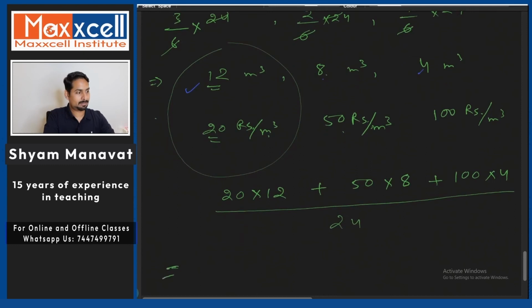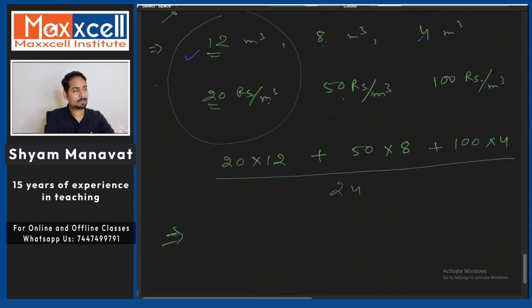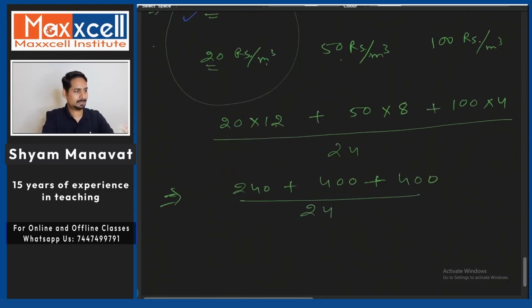Okay, let's simplify this. So what will you get? 12 2s are 24. Now it's all calculation, and you are much smarter than me for calculation, right? I know my students are intelligent. You can do this fast. Here you have 800 and 1000, so 1040 by 24.